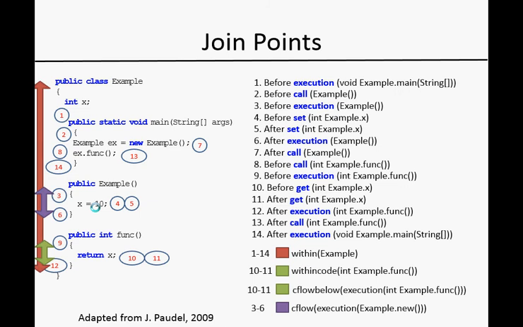So within this context, we have a number of these join points. So one before the execution of this, and before the call to this constructor, right? And three here within this call to this constructor: before its execution, before the set and after the set.